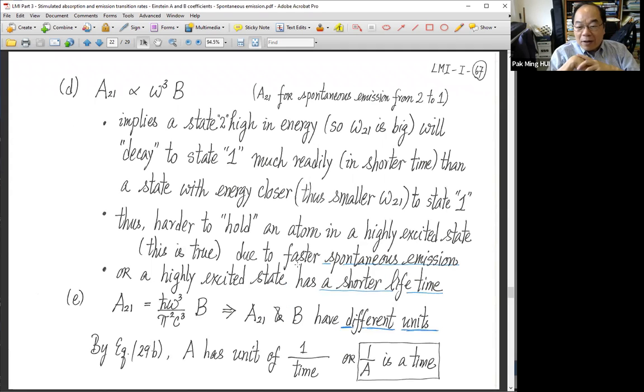Okay, now the rest of this discussion has to do with the meaning of Einstein's formula, the meaning of the results. First thing, we see that there is an extra omega cubed factor times B. Can we extend the discussion to more than 2 levels?